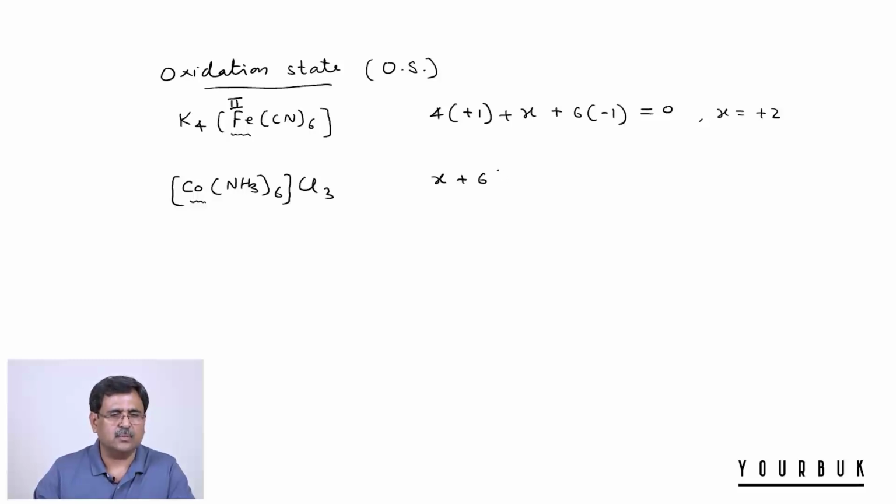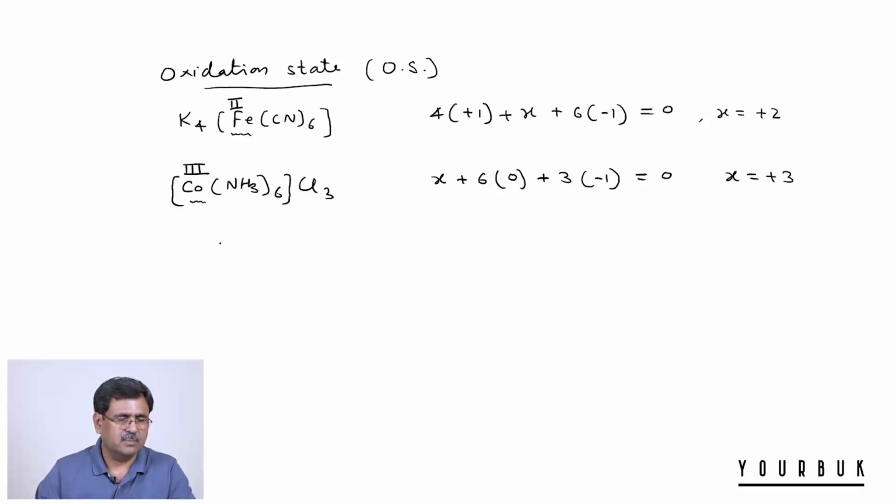Ammonia is a neutral molecule, so it's 0. Then we have 3 chlorine present and each chlorine is carrying a charge of -1, so 3 into -1, and the whole coordination compound is electrically neutral, equals to 0, so X is +3. So in this coordination compound, oxidation state of cobalt is +3.